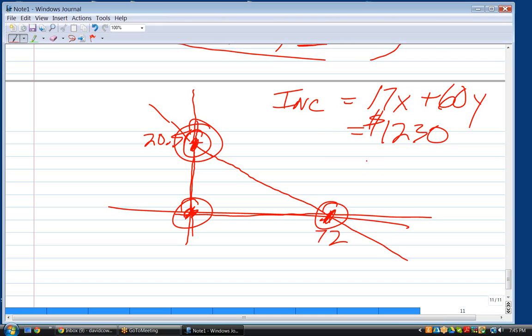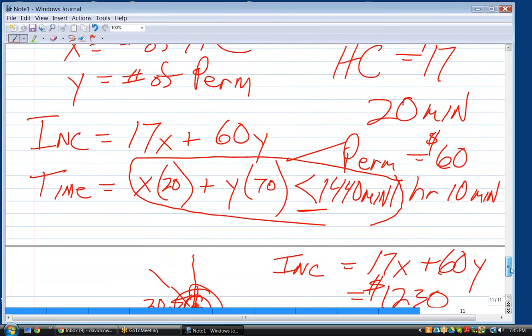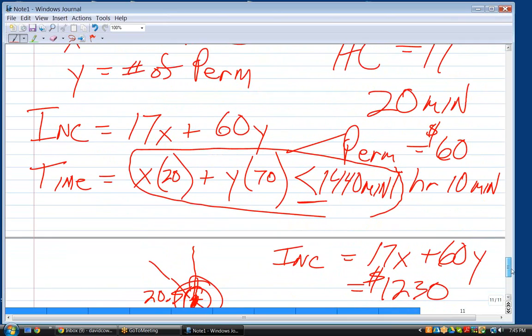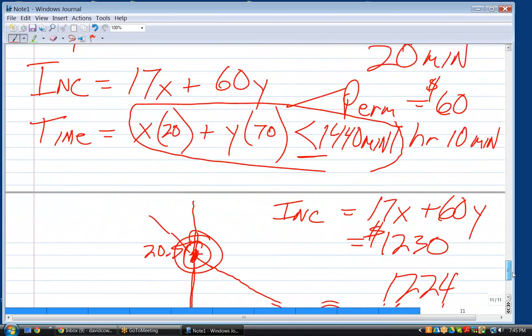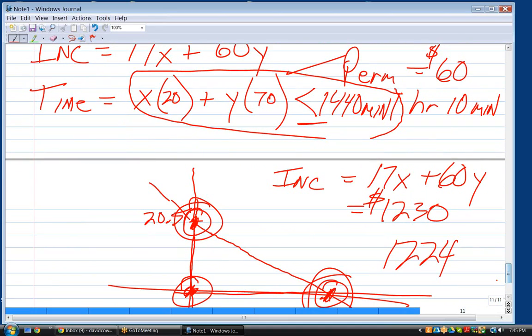What if you do nothing but haircuts? 1224. Your best solution is to do nothing but permanents. Well, now let's hold on a moment here.